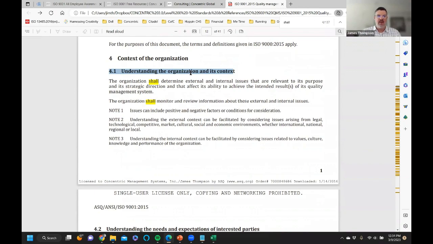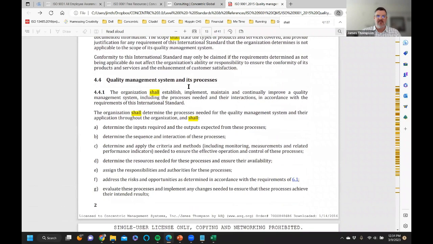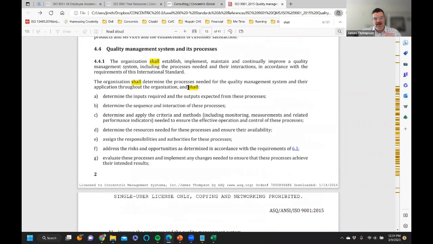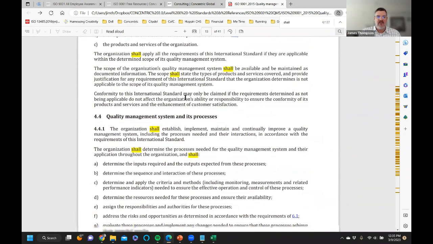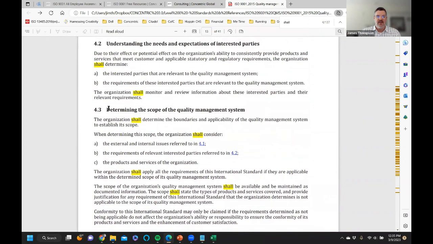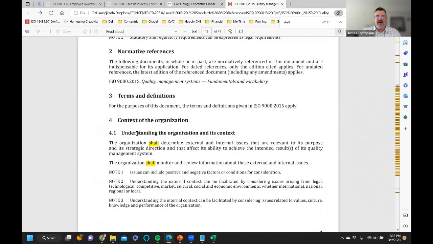The brain wraps itself around clause 4 a little easier by starting at 4.4 and going backwards. 4.4 is what are all of your QMS processes, what is within your scope and not within your scope, what are the needs and expectations of interested parties, and who are those interested parties in the context of your organization.